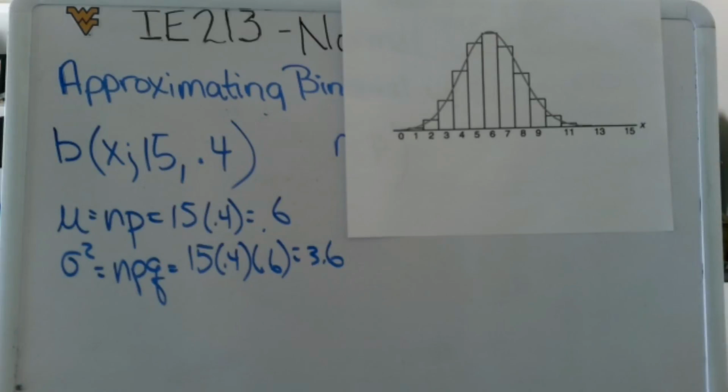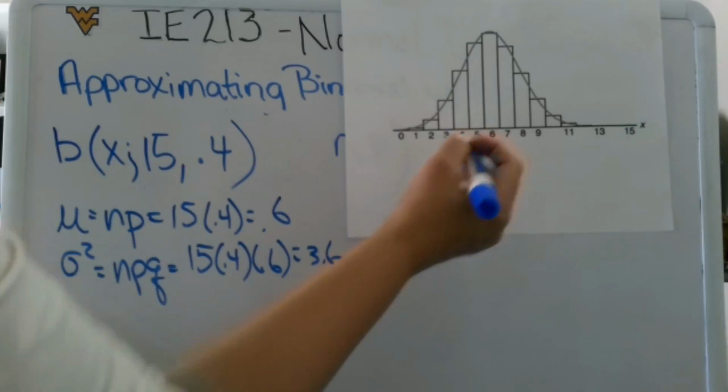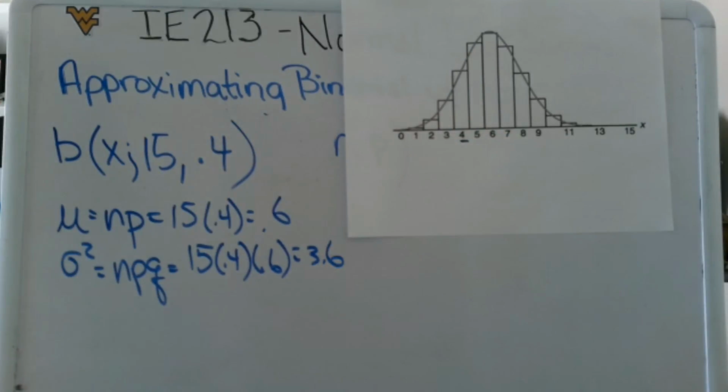And so the exact probability that the binomial random variable x assumes a given value x is equal to the area of the bar whose base is centered at x. So for an example, the exact probability that x assumes the value 4, if we look at 4 on our graph, is the area of the rectangle of that base.